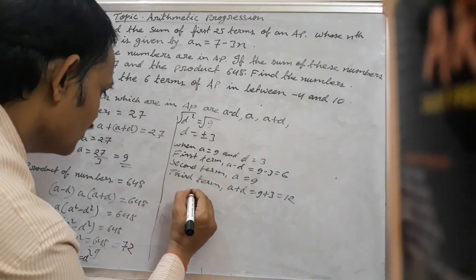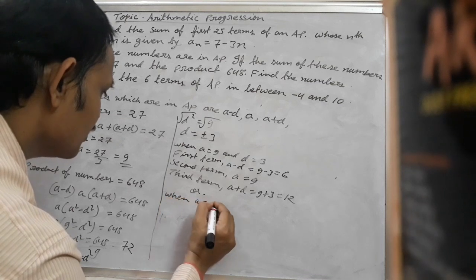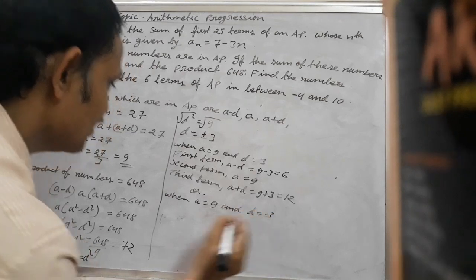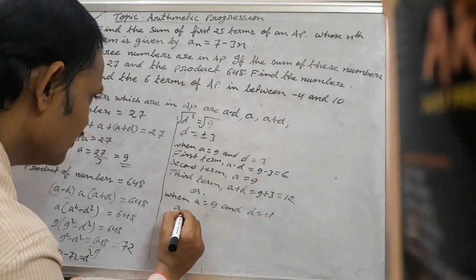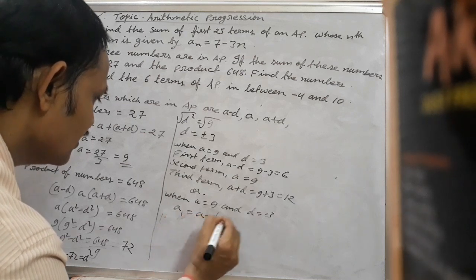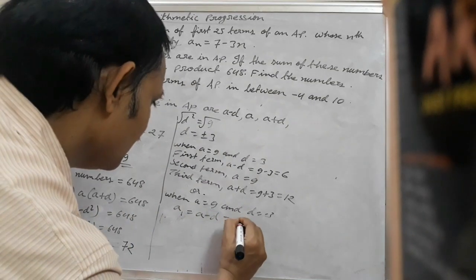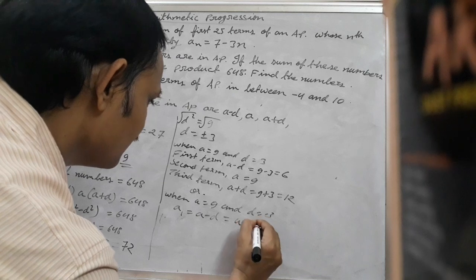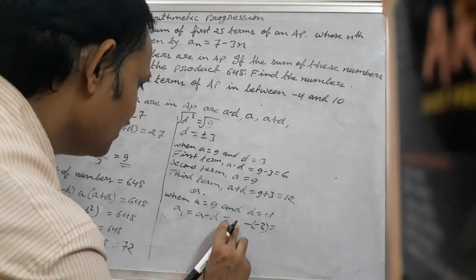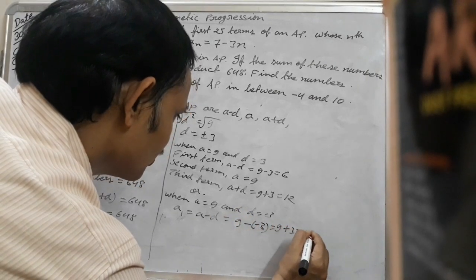And when A is equal to 9 and D is equal to minus 3, then the first term A1 is equal to A minus D. What is the value of the first term? A minus minus 3, which is 9 plus 3, you will get 12.